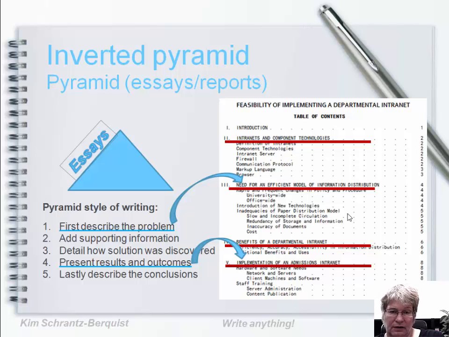Well, in the inverted pyramid style of writing, you could have implemented the admissions intranet first to tell what you were doing. And you could say, for example, second, the benefits of a new intranet. And lastly, then you could say what the old intranet was. Okay.